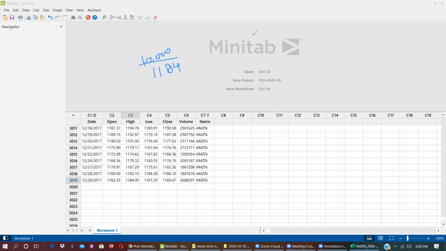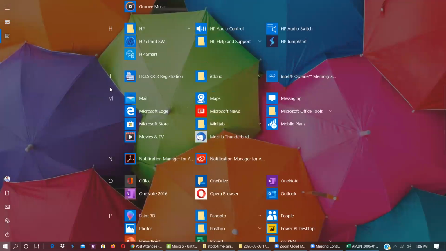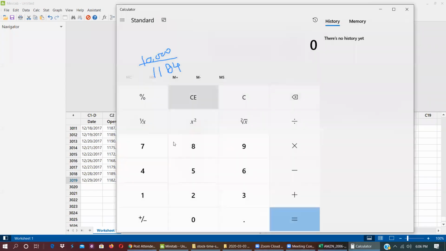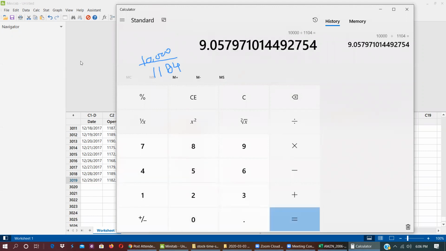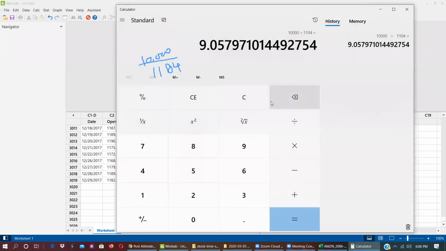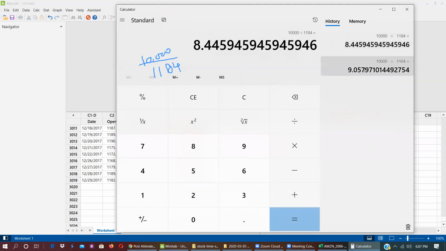How much does that come to? Let me take a calculator to make it precise. 10,000 divided by 1184 gives 8.445.